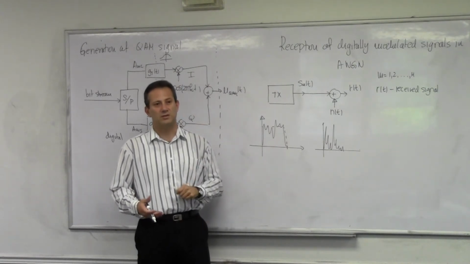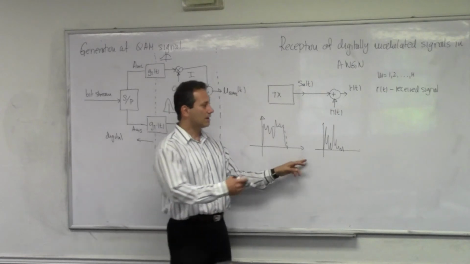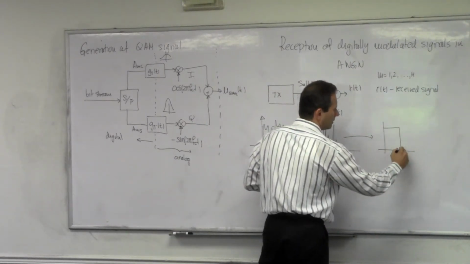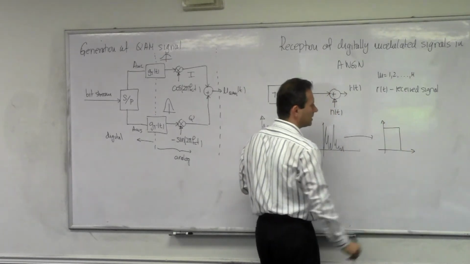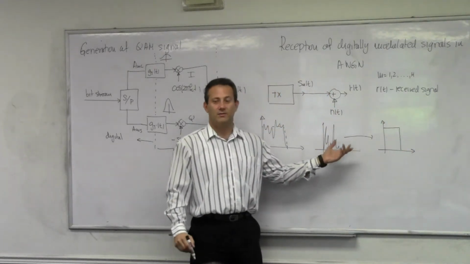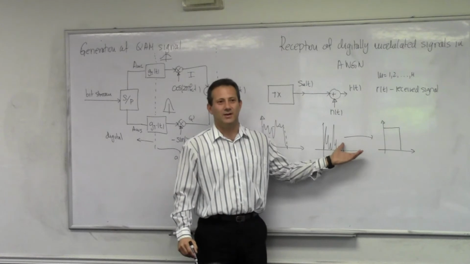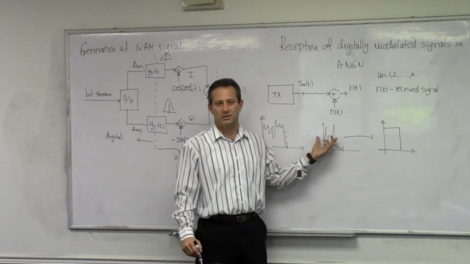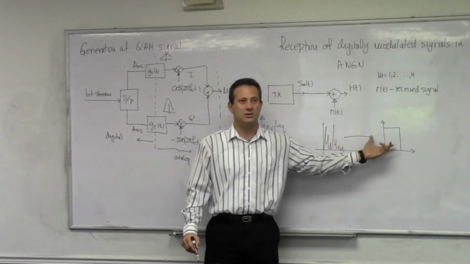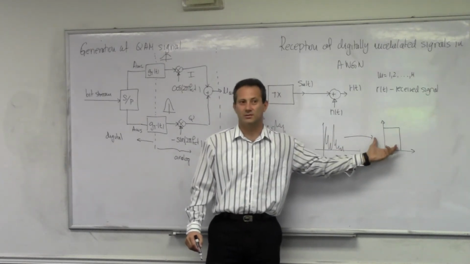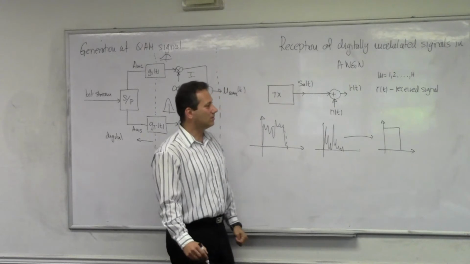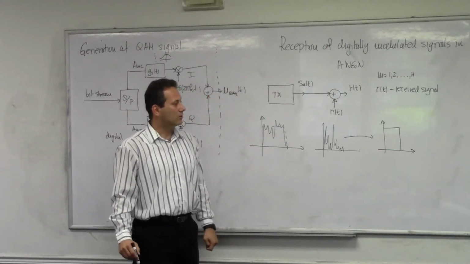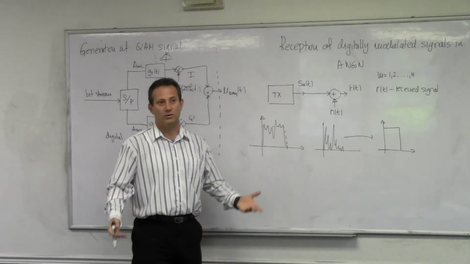Once you make a decision, if it is correct, I can translate this into a pure symbol that has been sent, and essentially have infinite processing gain, right? Because I'm going from some signal-to-noise ratio to essentially an infinite signal-to-noise ratio. So as long as you make the decision correctly, you're going to remove all the noise.